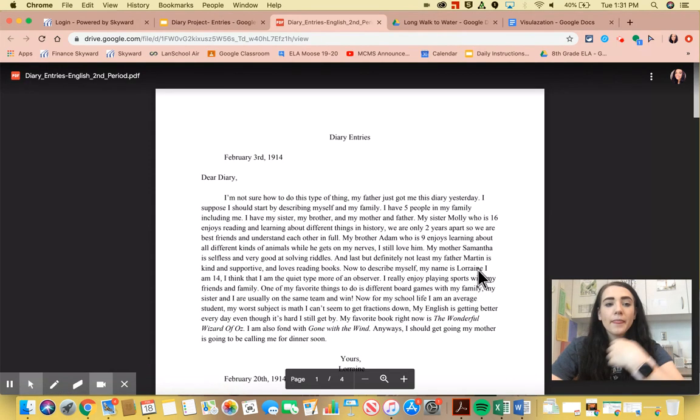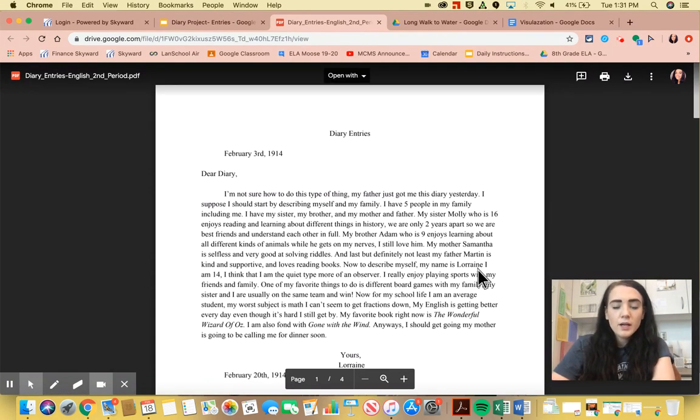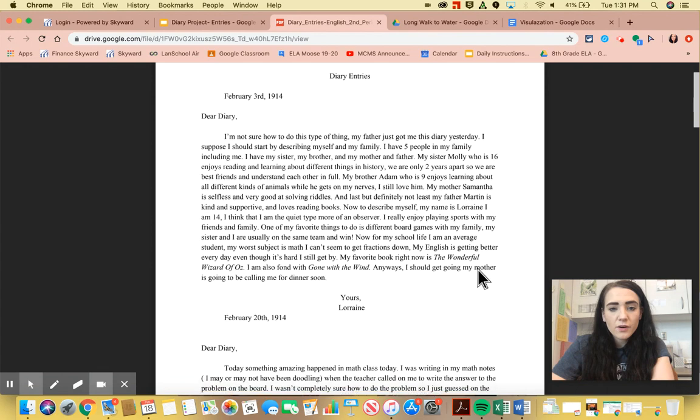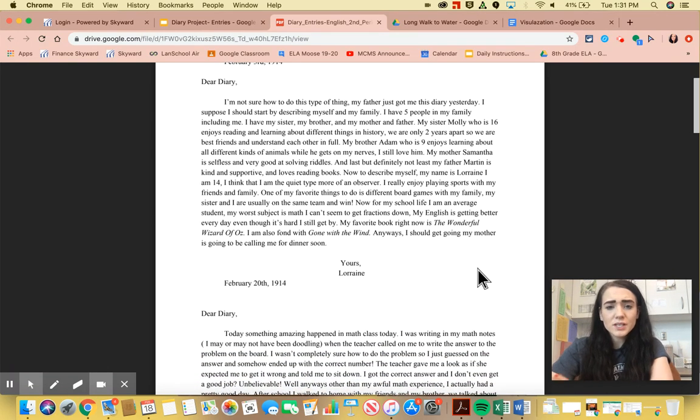Okay, so this one says February 3rd, 1914. Dear Diary, I'm not sure how to do this type of thing. My father just got me this diary yesterday. I suppose I should start by describing myself and my family. I have 5 people in my family, including me. I have my sister, my brother, and my mother and my father. My sister Molly, who is 16, enjoys reading and learning about different things in history.